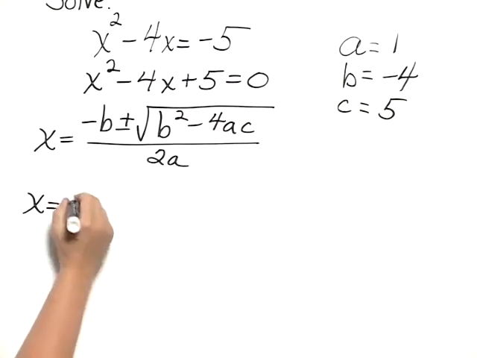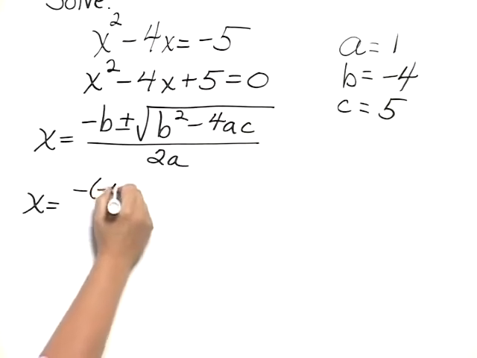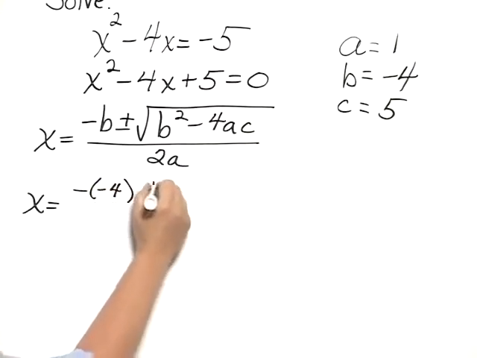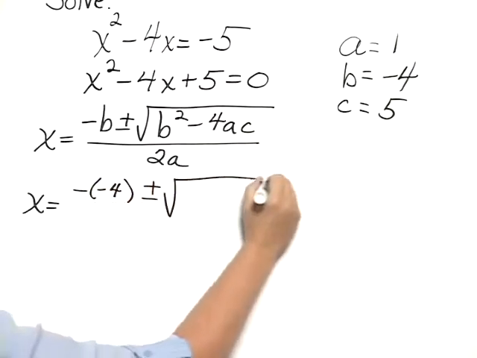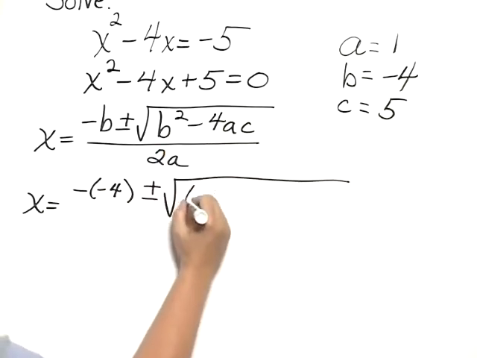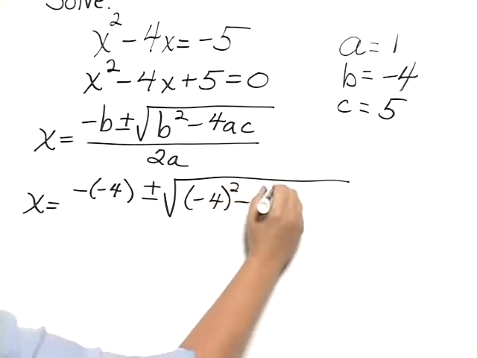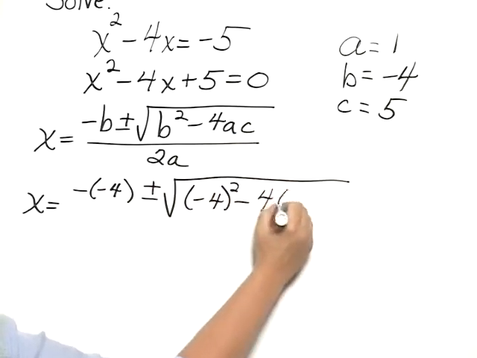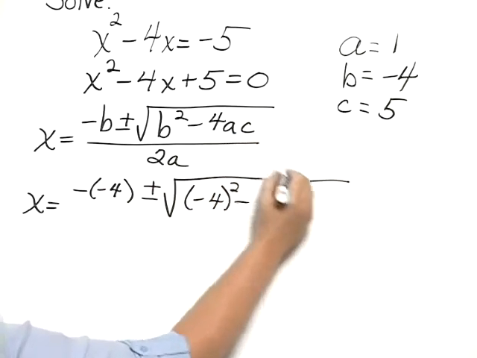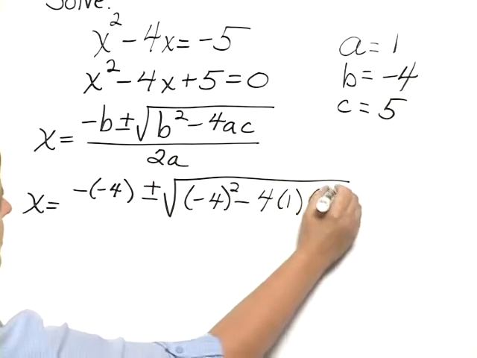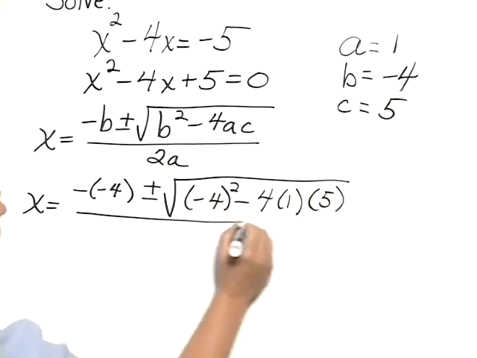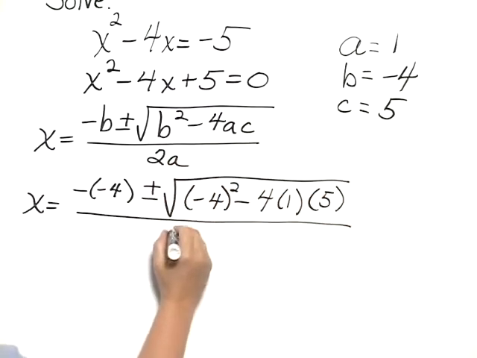The opposite of b is the opposite of negative 4, plus or minus the square root of b squared would be negative 4 squared, minus 4 times a is 1, times c, which is 5, all over 2 times a, which is 2 times 1.